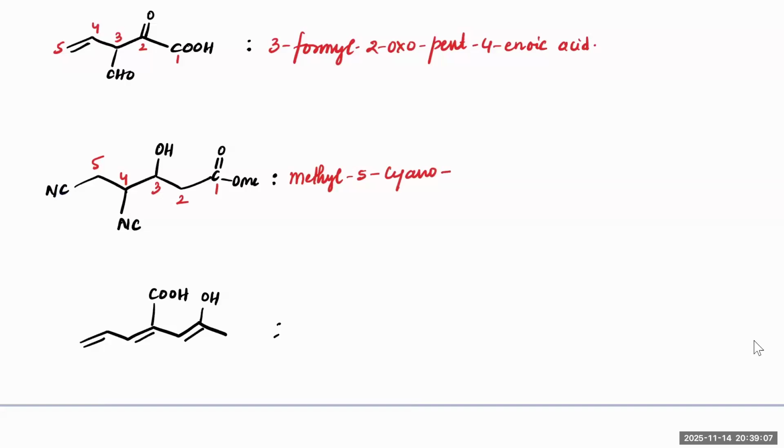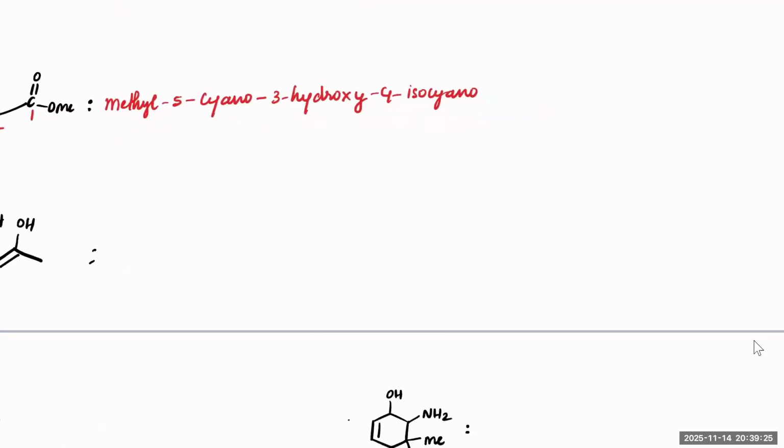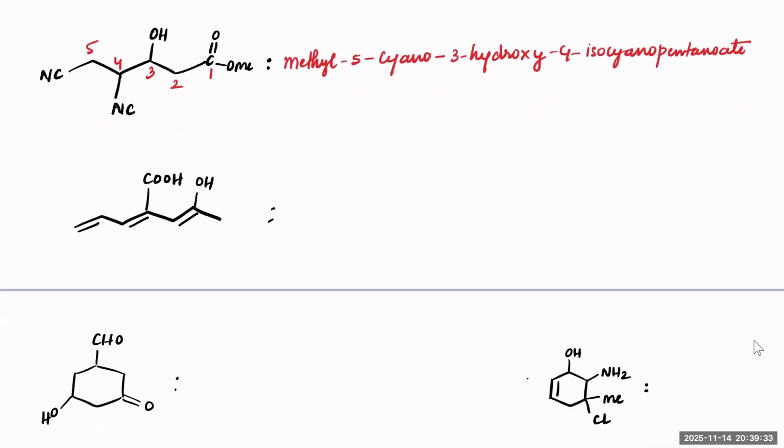And on third position, we have hydroxy. And on the fourth position, we have isocyano. I have written it in alphabetical order. And then we have pentanoate, because it is an ester, you have to write it as oate.